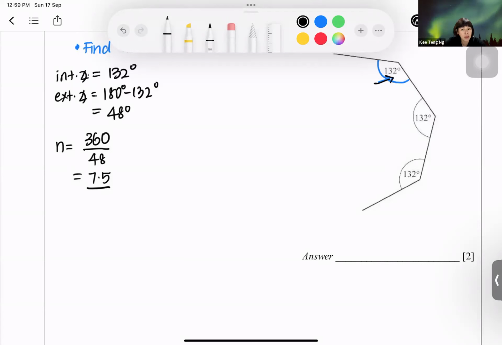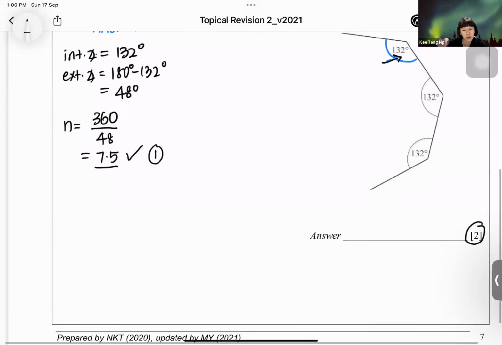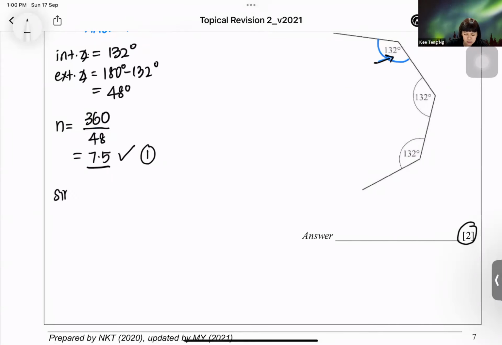Okay, but how do we explain or how do we write the answer? In this case, you notice here the question had 2 marks. Here finding the n itself is 1 mark. But the next mark comes from the explanation. I do not just say, no, it's not possible. I have to explain. Since n equals 7.5, which is not an integer.